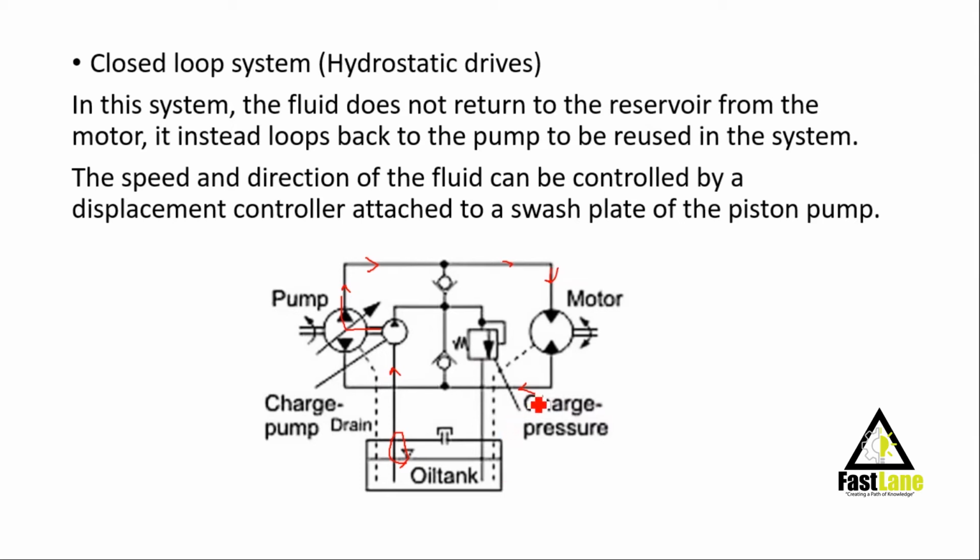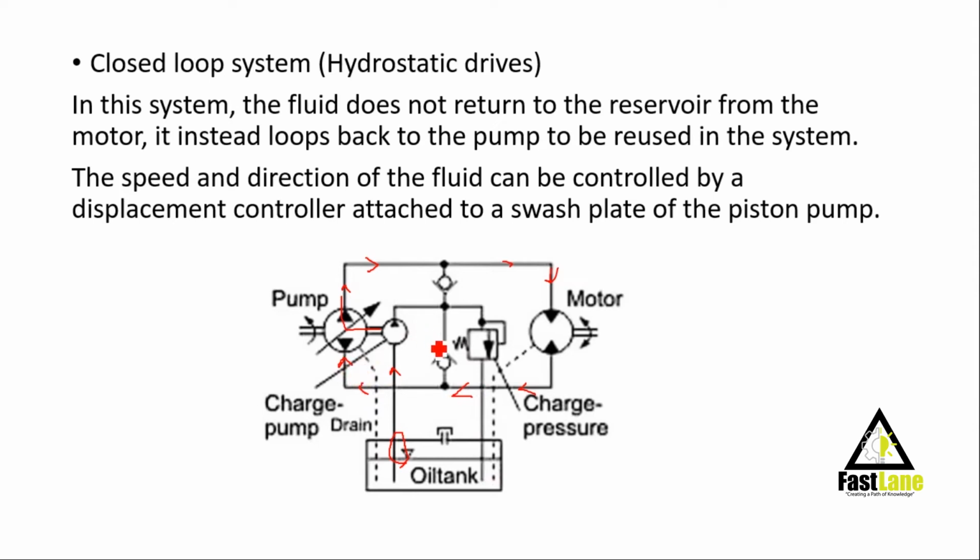Now in the closed loop system, the fluid does not return to the tank. It instead loops back and is taken again to the pump such that it is reused in the system.